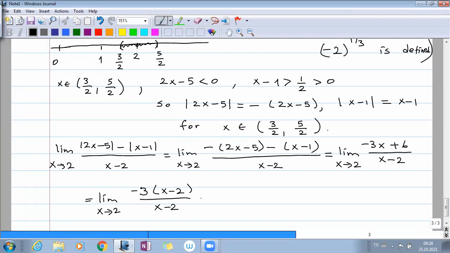And now, again, around x equals 2, I cancel out x minus 2, so this function is equal to the constant minus 3. I keep the limit here. So around x equals 2, the function is equal to the constant minus 3, and the limit of the constant is the constant.